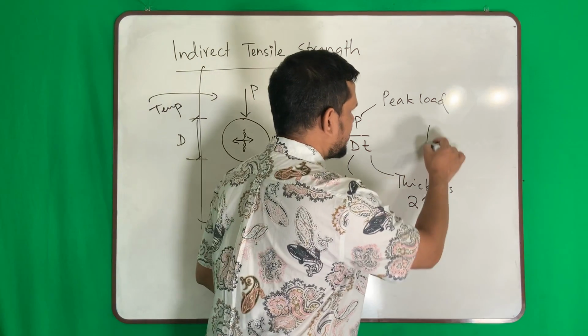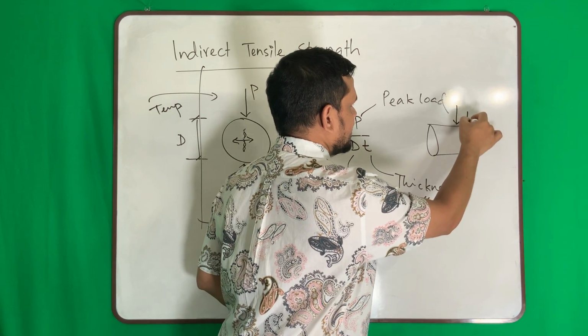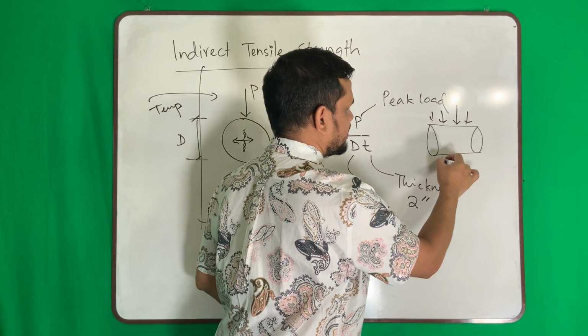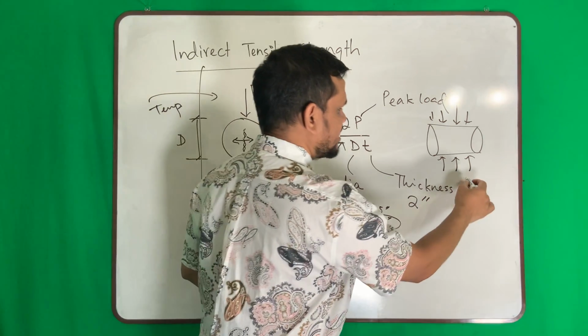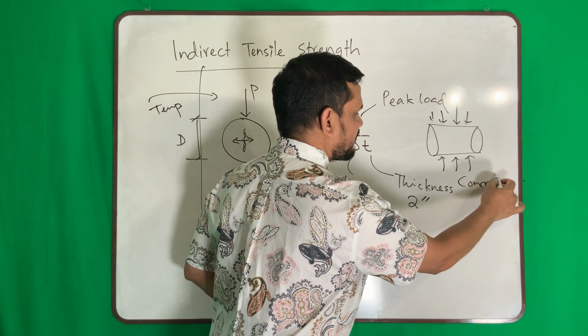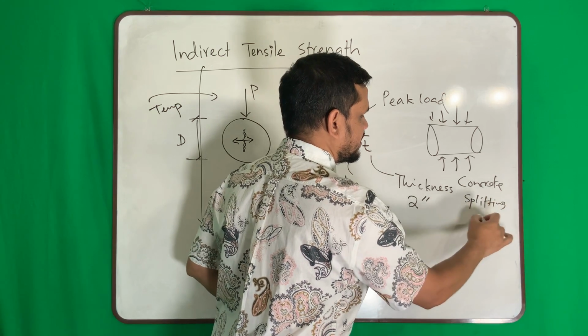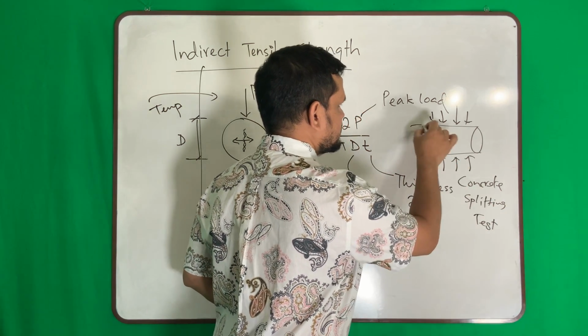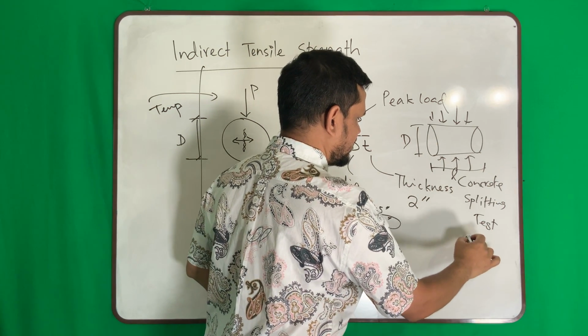In that test, what do we do? We take a sample of concrete and we apply diametric load for a long sample. That is the concrete splitting test. So this is your diameter and this becomes your length.